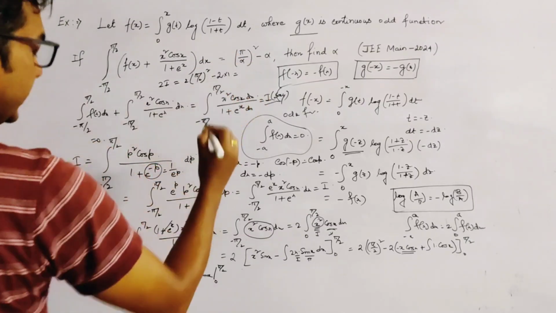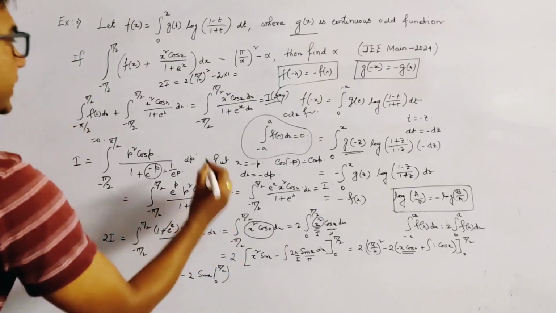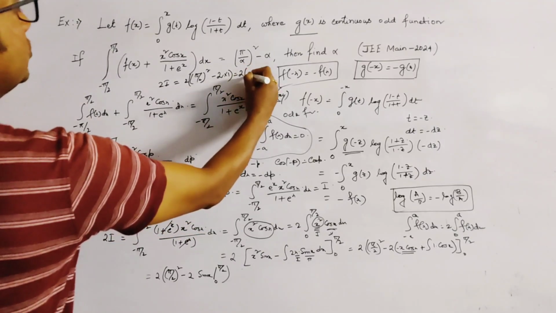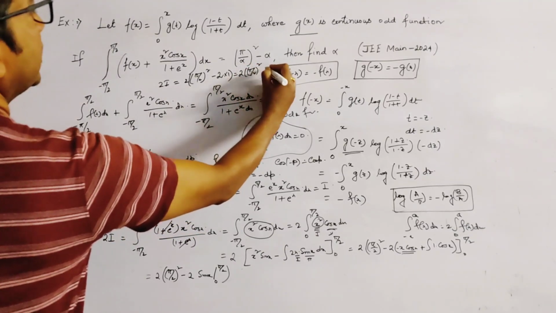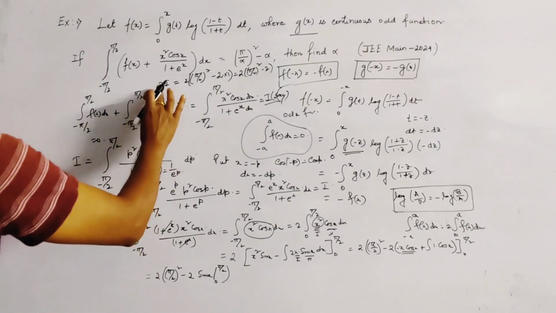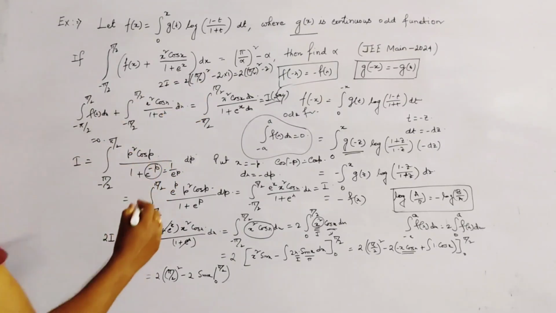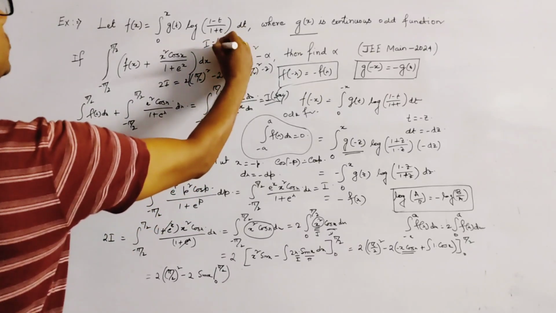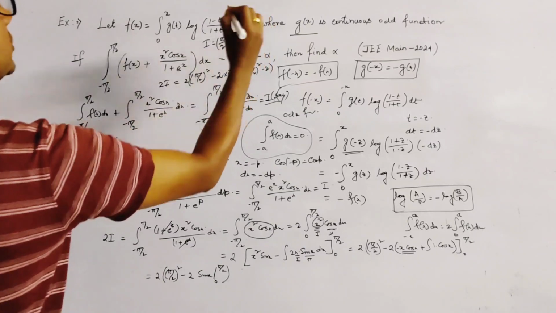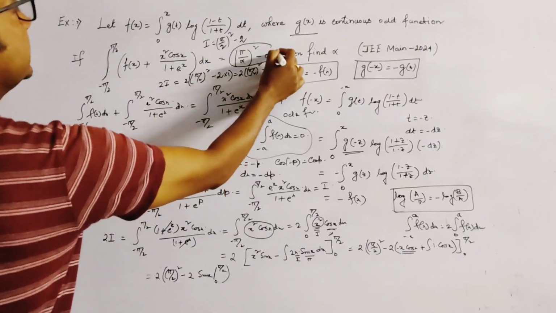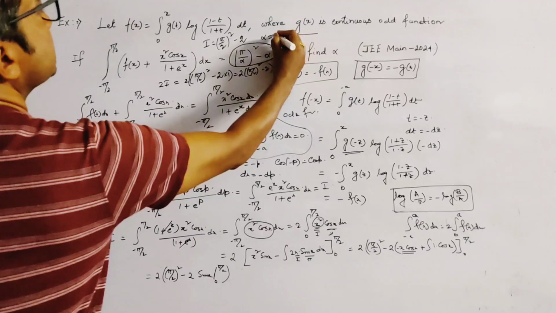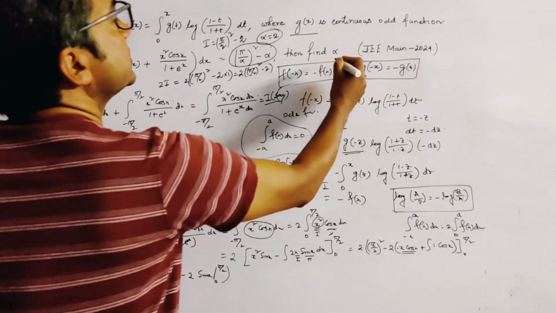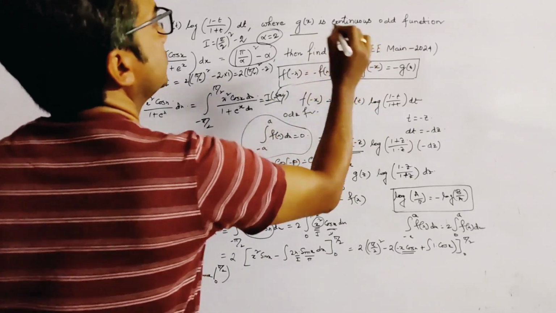Cancelling 2 from both sides, we get I equal to pi by 2 whole square minus 2, and clearly comparing this result we get alpha equal to 2. Our answer is alpha equals 2.